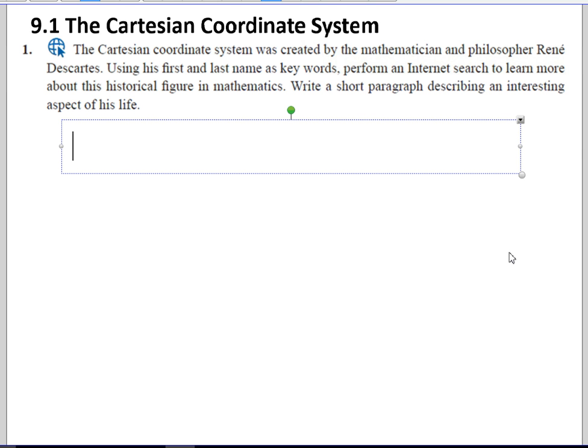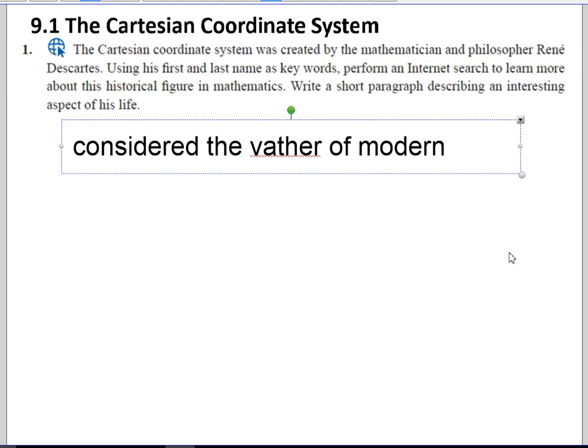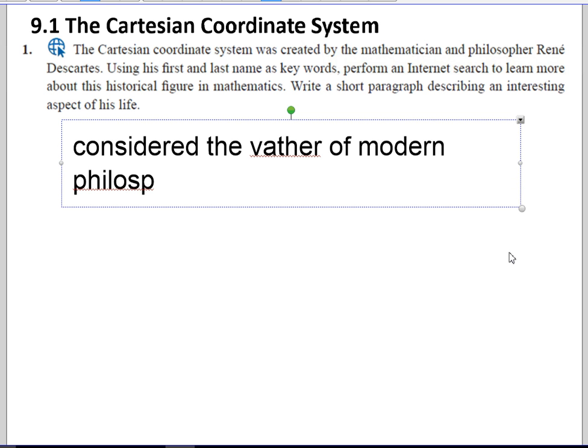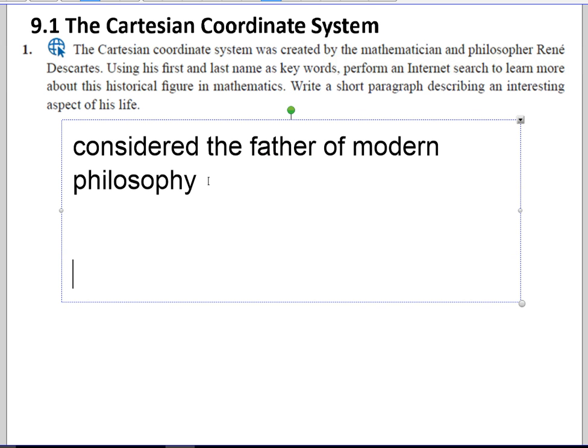One thing that I think is interesting and important to note is that he is considered the father of modern philosophy. So he was pretty big and had a lot of ideas if they consider him the father of it.